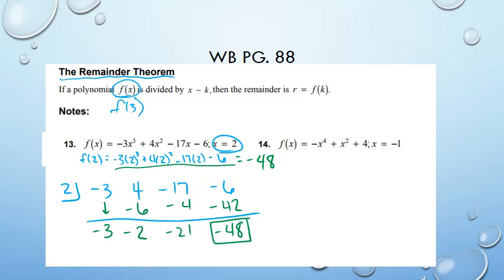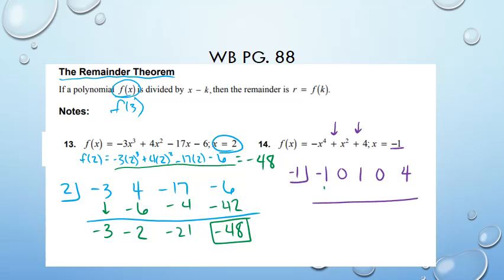So we'll try another one, like number 14. We're going to take negative 1 and put it in the half box. We want to be careful here because I already see that I'm missing an x to the third. I'm also missing x. Almost missed that one. Okay, so I'm going to use negative 1 x to the fourth. I have no x to the third. I'm going to put 0. 1x squared, no x, and then 4.